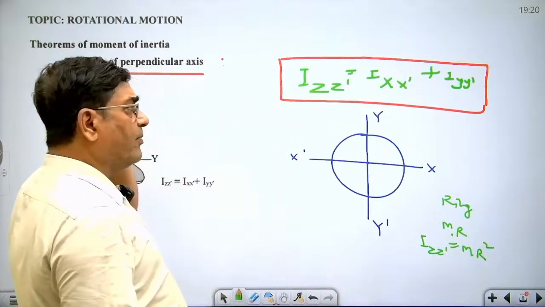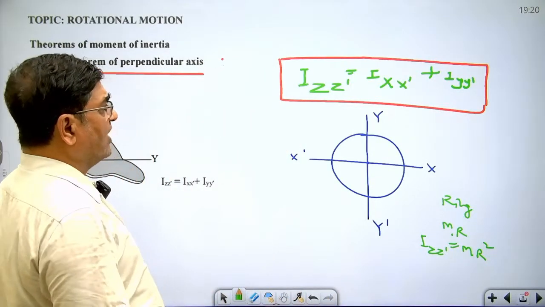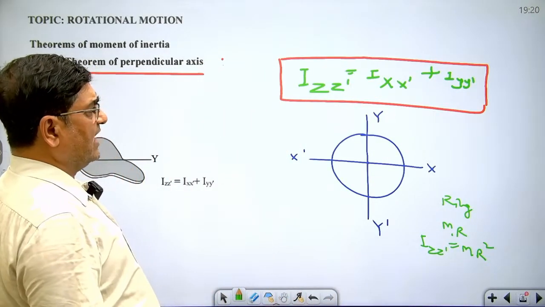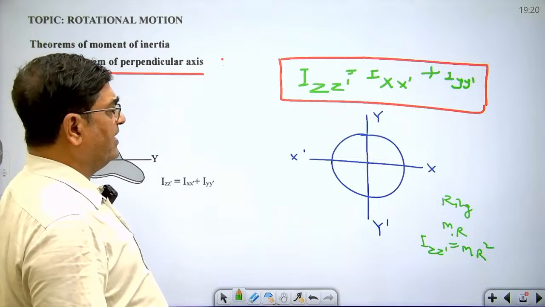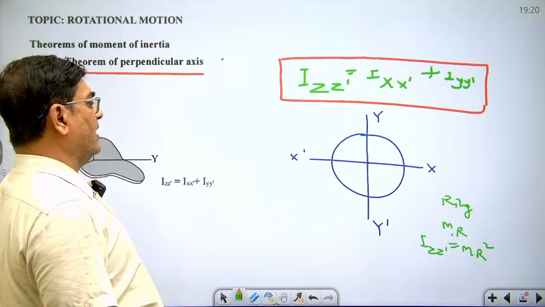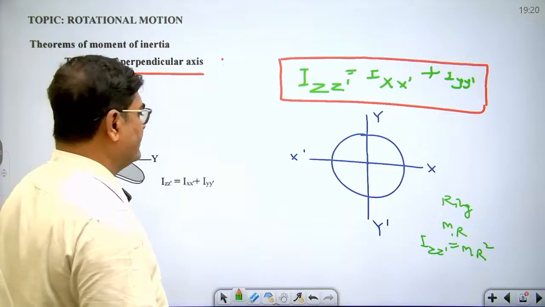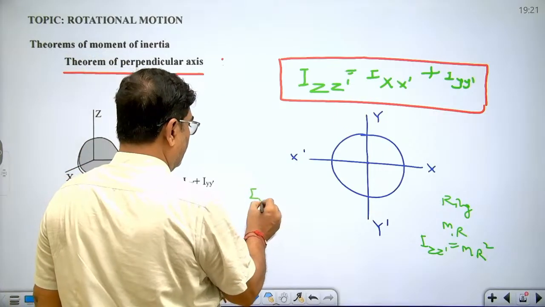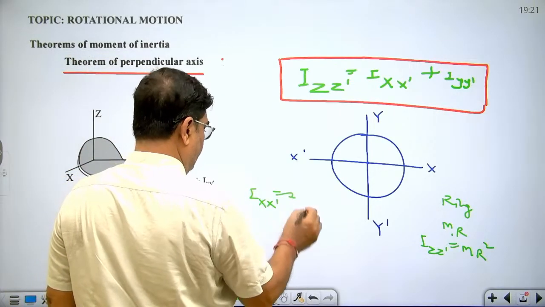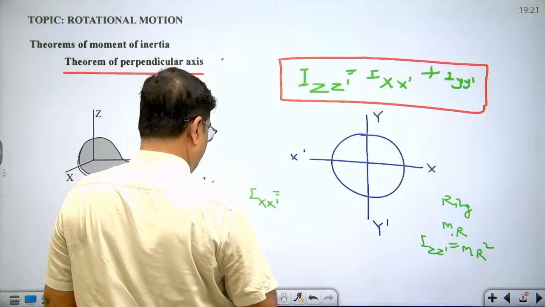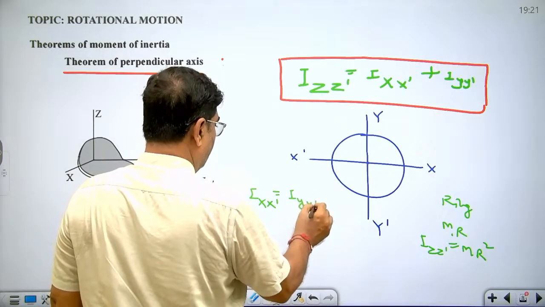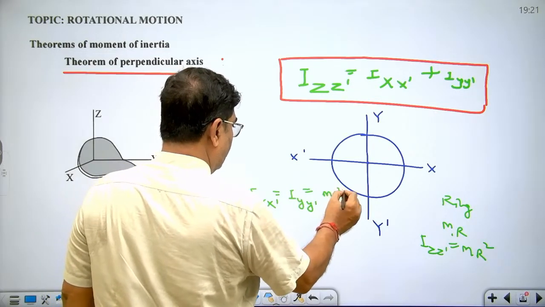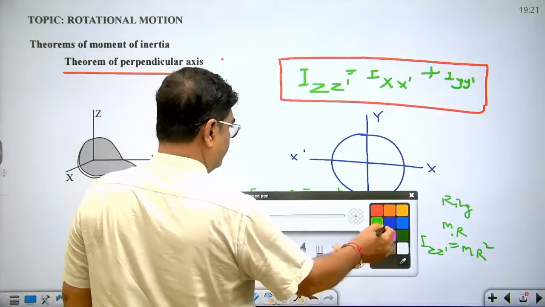If we apply the perpendicular axis theorem, mr square will be equal to I about xx dash plus I about yy dash. Since mass distribution is symmetrical in a ring, the moment of inertia about xx dash and yy dash will remain the same. So the moment of inertia about xx dash or yy dash in case of a ring will be equal to mr square upon 2.